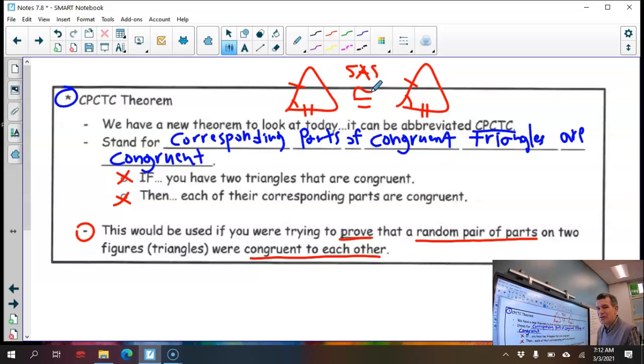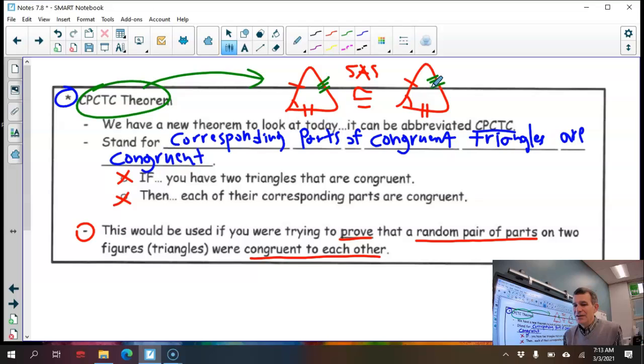And once I know the triangles are congruent, then I can use this theorem to say, all right, that means this side equals this side because those are corresponding parts of congruent triangles. So generally the order you go in here is first you prove the triangles are congruent. Then, because the triangles are congruent, you can say a certain pair of parts are congruent to each other.